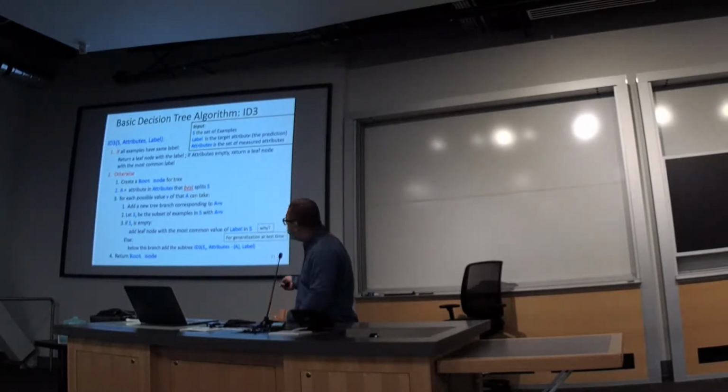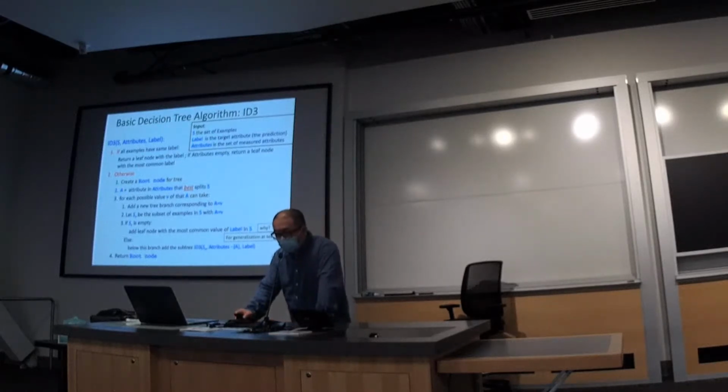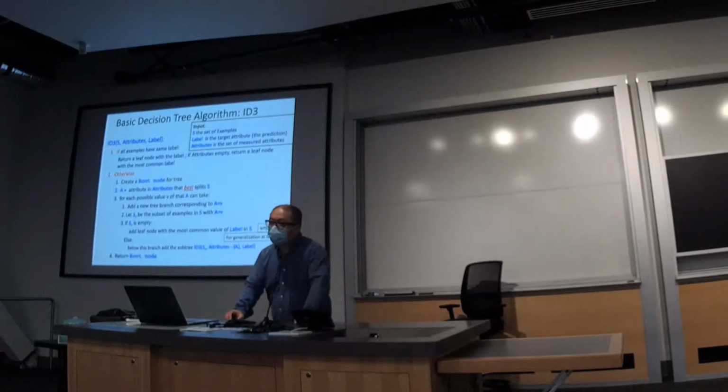But you can choose a reasonable strategy to assign a label to that leaf node. Considering only these two cases will make your decision tree algorithm very robust when dealing with any kind of cases, because I've seen many situations in the past, and students complain that, okay, in this case it works well, in that case it just crashed. I don't know why. And we just forgot these two common cases. Okay?